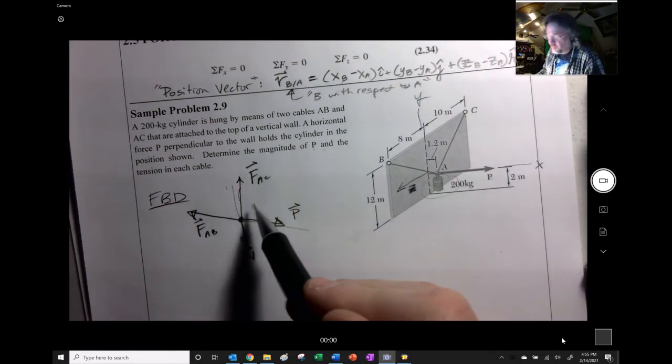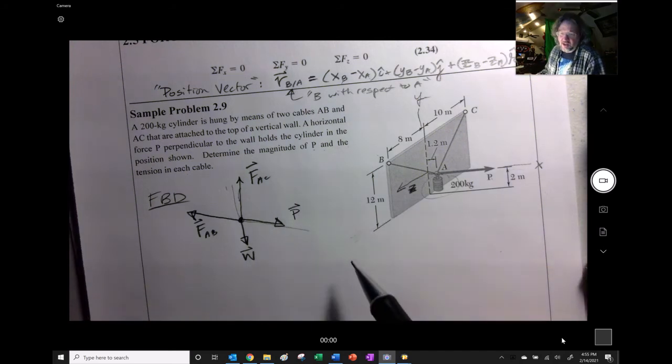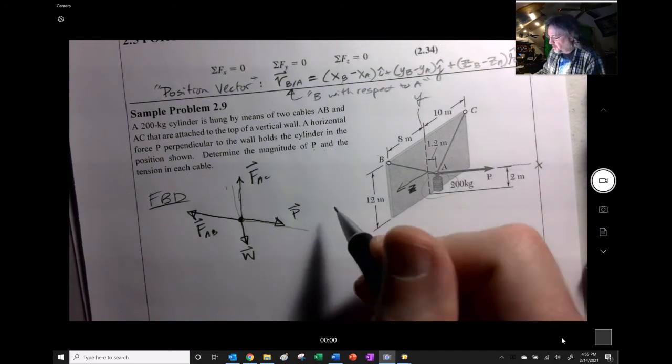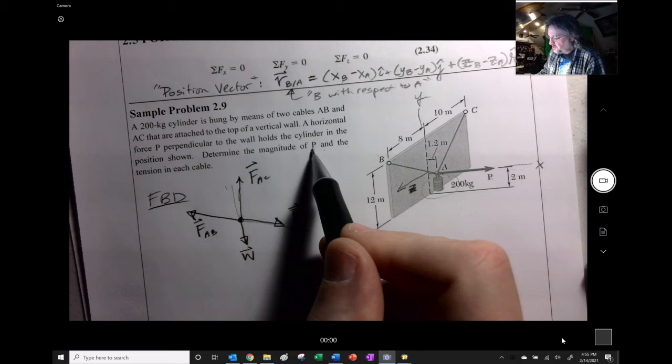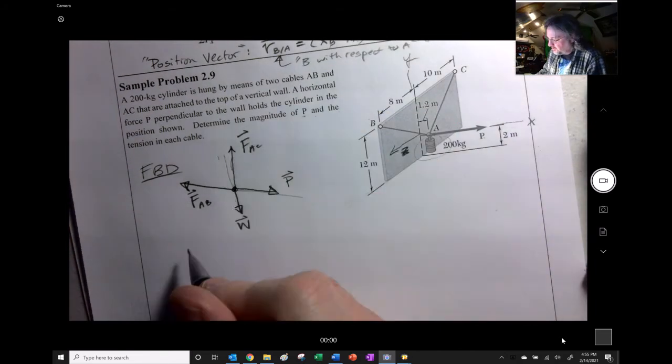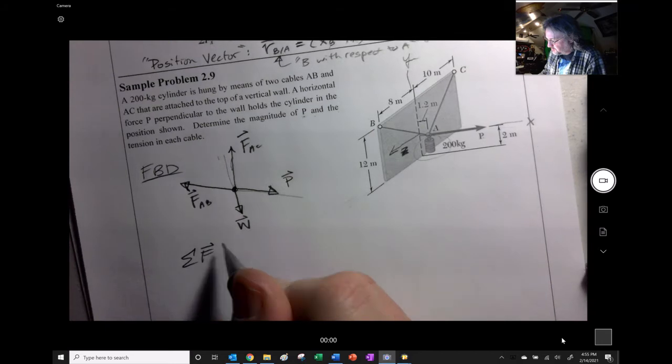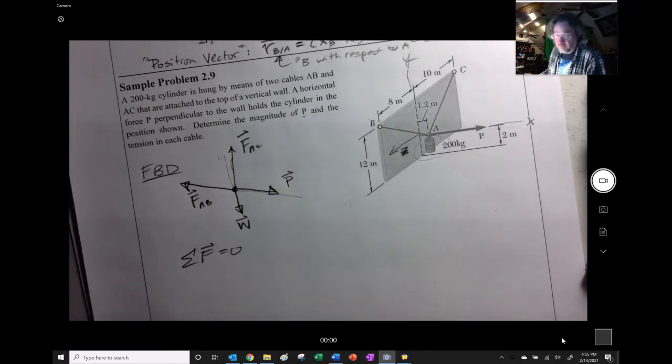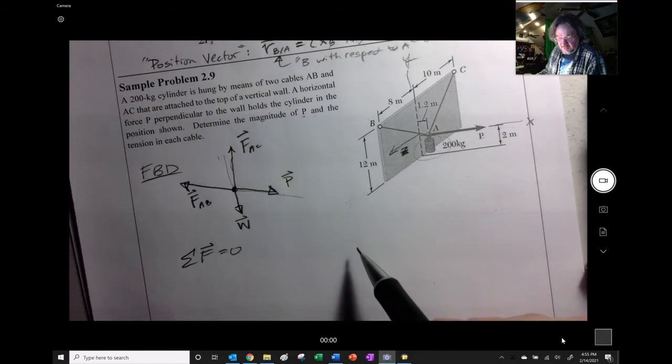So anyway, we've drawn this thing out, and it's not all that thrilling when you put it out there. But our mission here is to find this. So we write out the sum of the forces equals 0 right here, and that's generic because that's the vector right there.